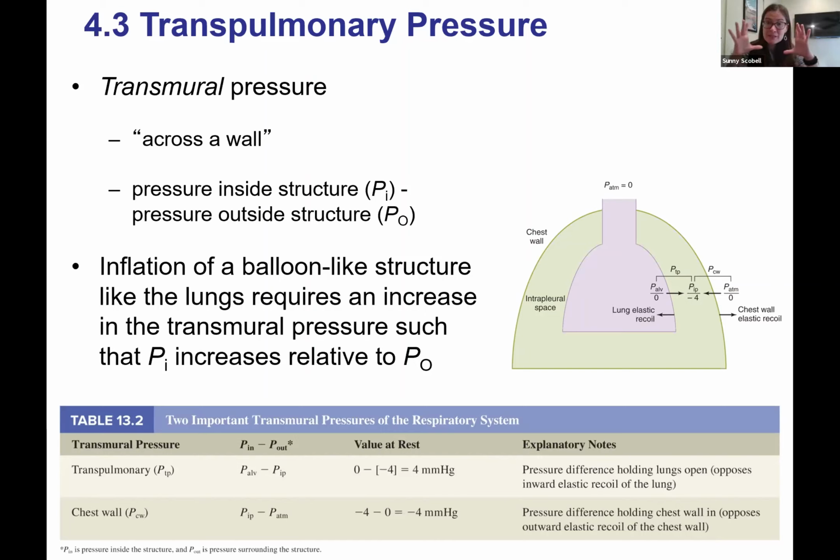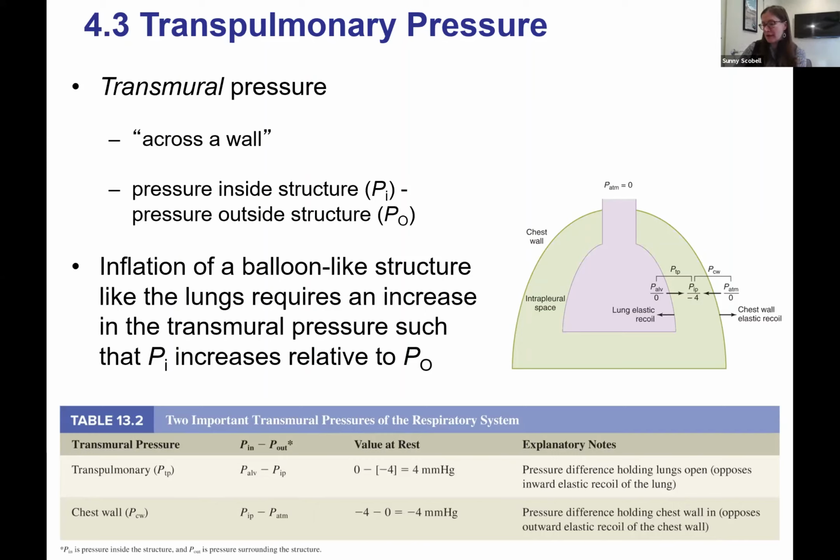But that's happening because we're making the transmural pressure bigger, because we made the vacuum bigger. Does that make sense? This is one of the places where you really need to listen to me and then go back in the chapter and read this again, okay?